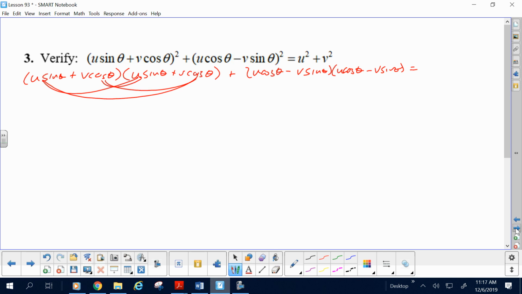So, when I distribute out the first one, FOIL it, first, outer, inner, last, what do I get? U squared sine squared. U times U is u squared. Sine times sine is sine squared.